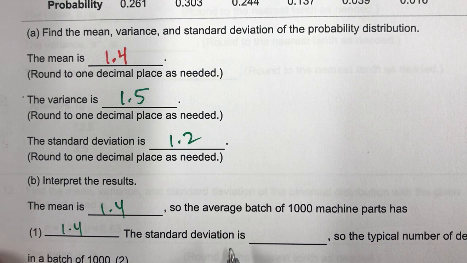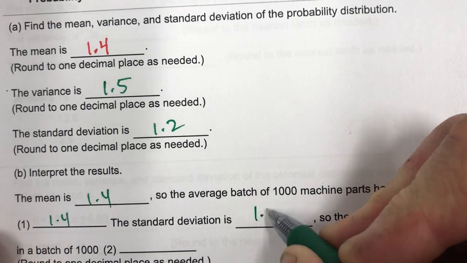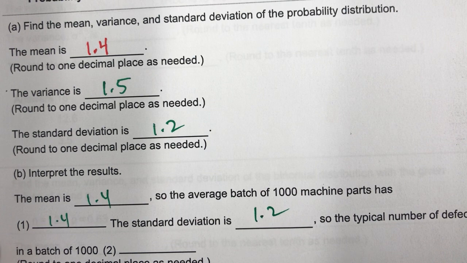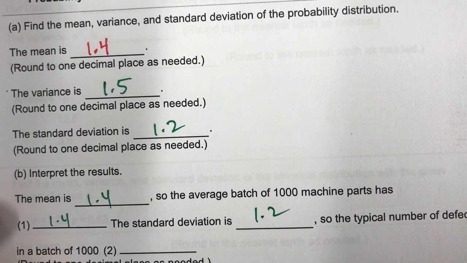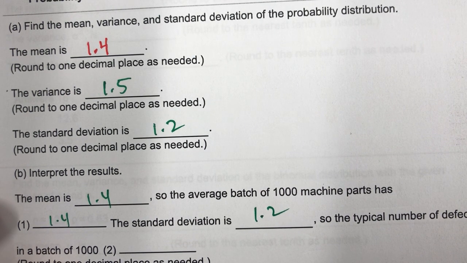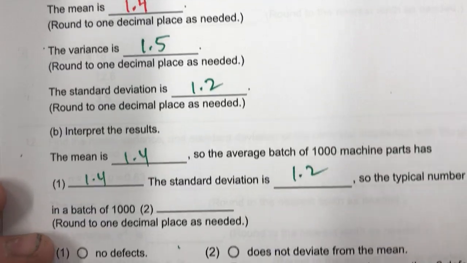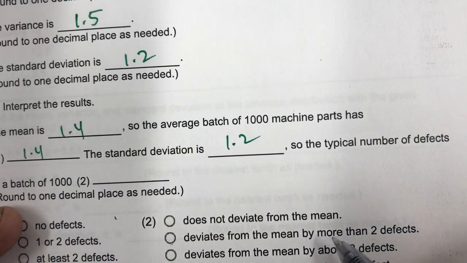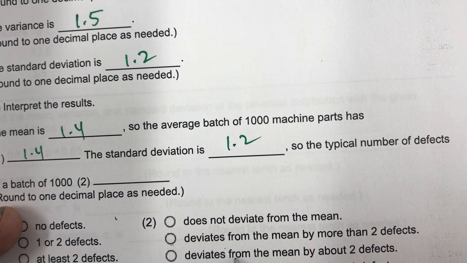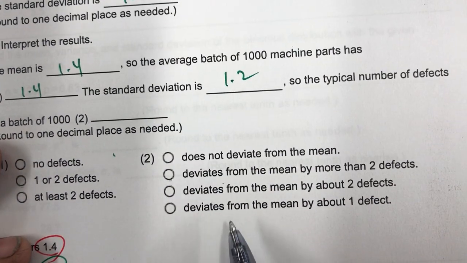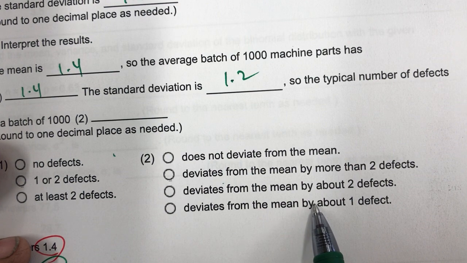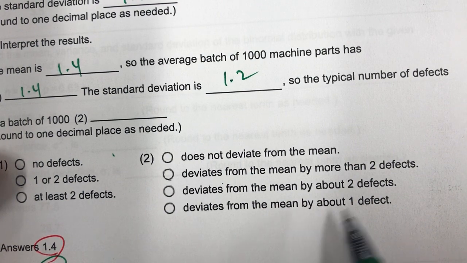The standard deviation is 1.2. So the typical number of defects in a batch of 1,000, okay, here's my answers down here. It deviates from the mean about 1 defect.